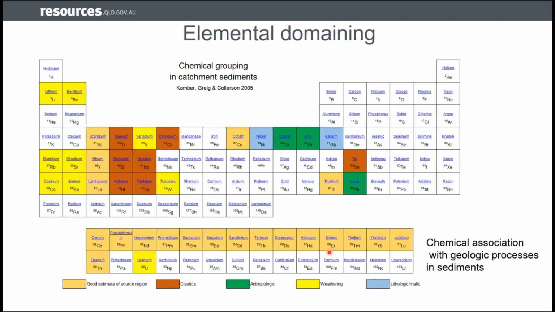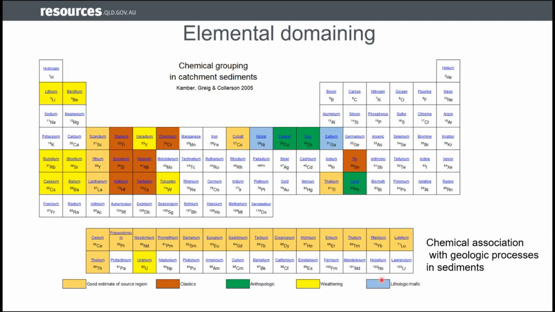Next, we look at the work done by my friends Bowles Campbell, Ken Collison, and Alan Gregg, looking at how elements behave in sediments. What they've done is look at just Queensland catchments.